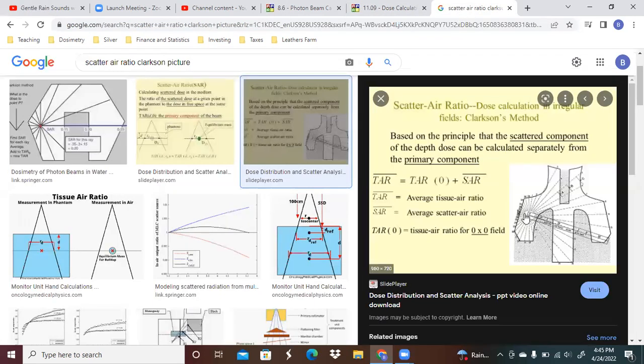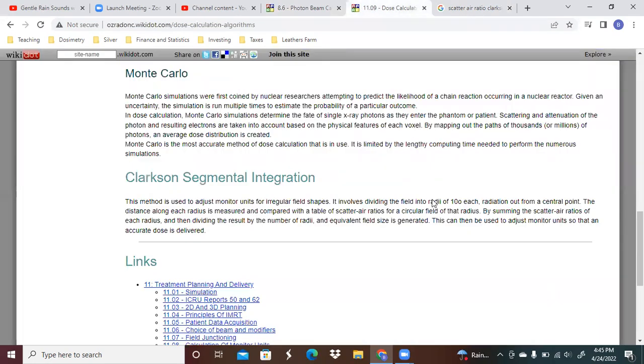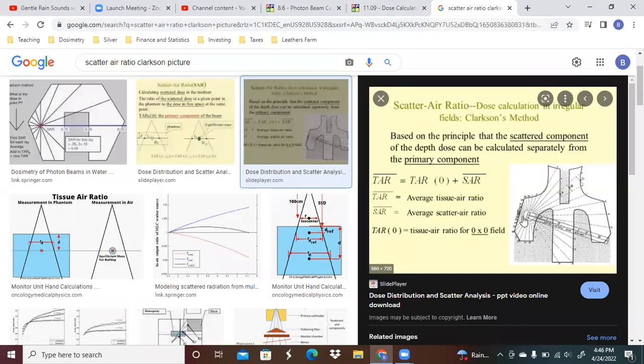In other words, you've got a certain radius where it hits the field edge, and you're trying to determine what those distances are. By summing the scatter error ratios of each radius and then dividing the result by the number of radii, an equivalent field size is generated. This can then be used to adjust the monitor units to accurately estimate what the dose is.